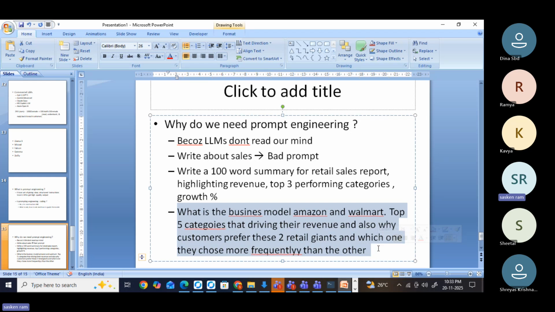Otherwise, it is useless. So prompt engineering is also the backbone of modern generative AI. Hence you should be very good at writing the prompt clearly and in a structured manner.